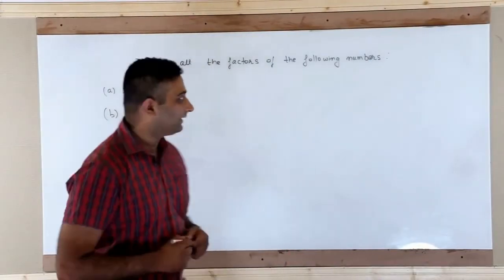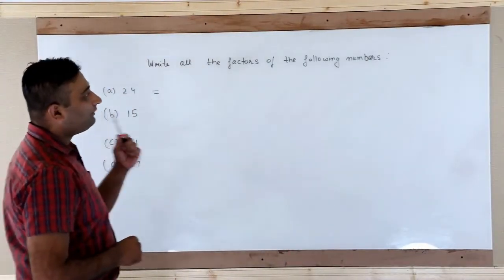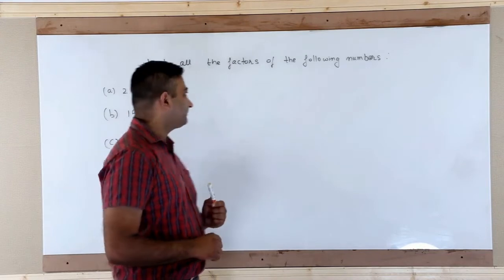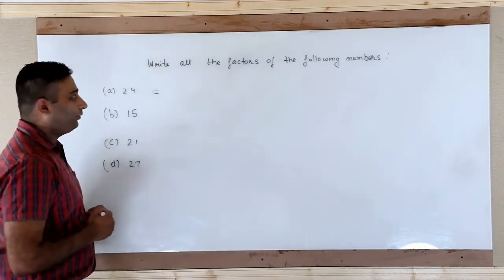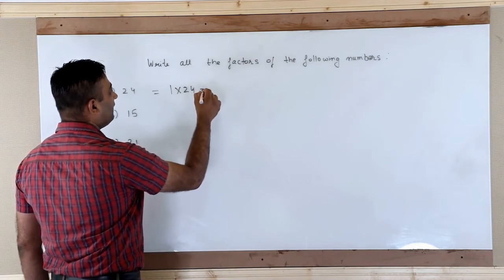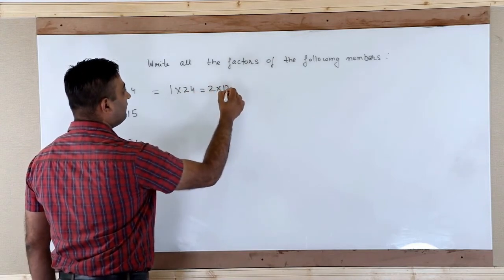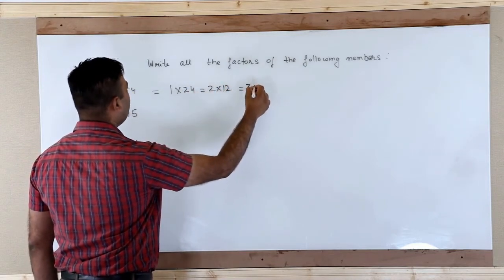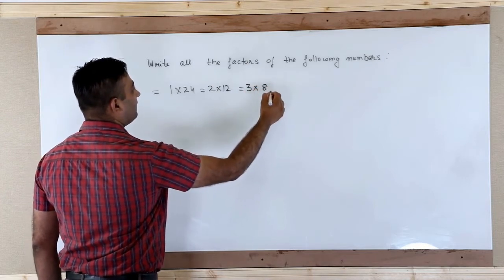Dear students, now let us do some problems to understand the concepts thoroughly. Dear students, let us take an example. Write all the factors of the following numbers. First number is 24. We can write 24 as 1 multiplied by 24. We can write this as 2 multiplied by 12. We can also write this as 3 multiplied by 8.